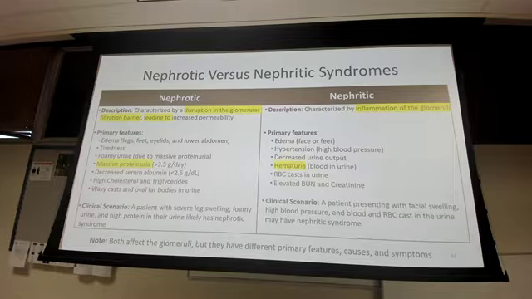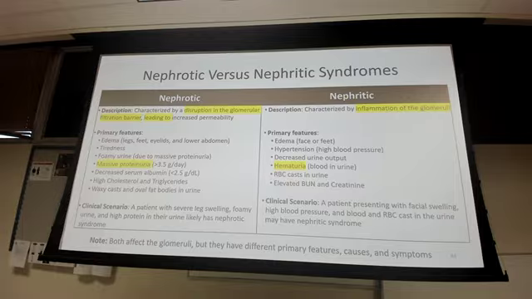Clinical features: you'll have edema, tiredness, foamy urine, and the protein will be really high in these people with nephrotic syndrome. Decreased albumin, high cholesterol, high triglycerides, waxy casts, and oval fat bodies in the urine, okay? So when I present this to you, I'm going to have all these primary features in that clinical description on the test, all right? Nephrotic syndrome.